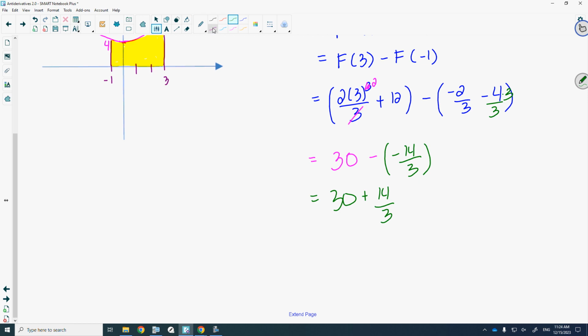And then we'll get common denominators here. So we'll get 90 thirds plus 14 thirds will give us 104 over 3. And then remember that this is area, so they don't specify, but it would be units squared. So I'll just write that down because it is area, units squared.